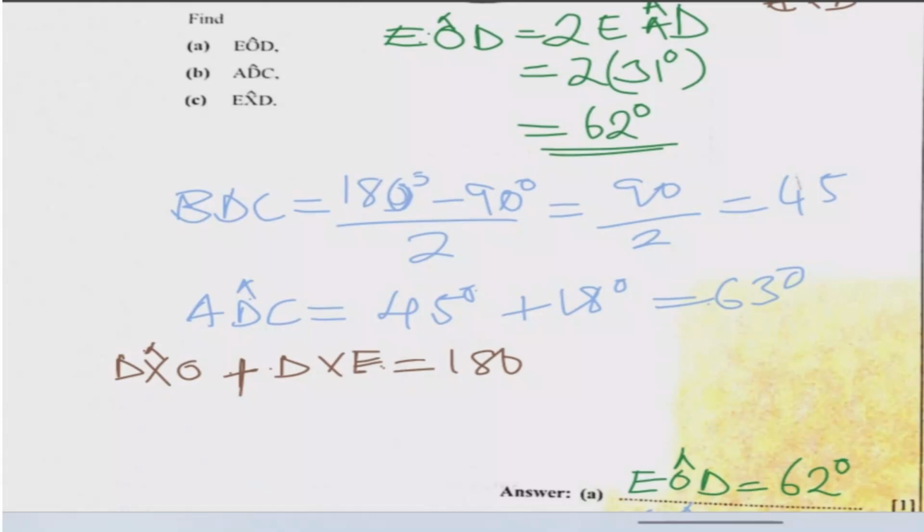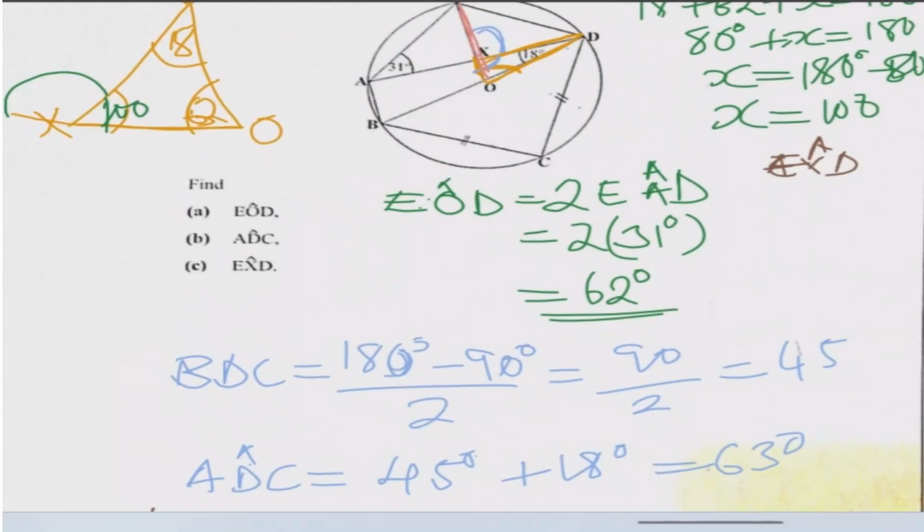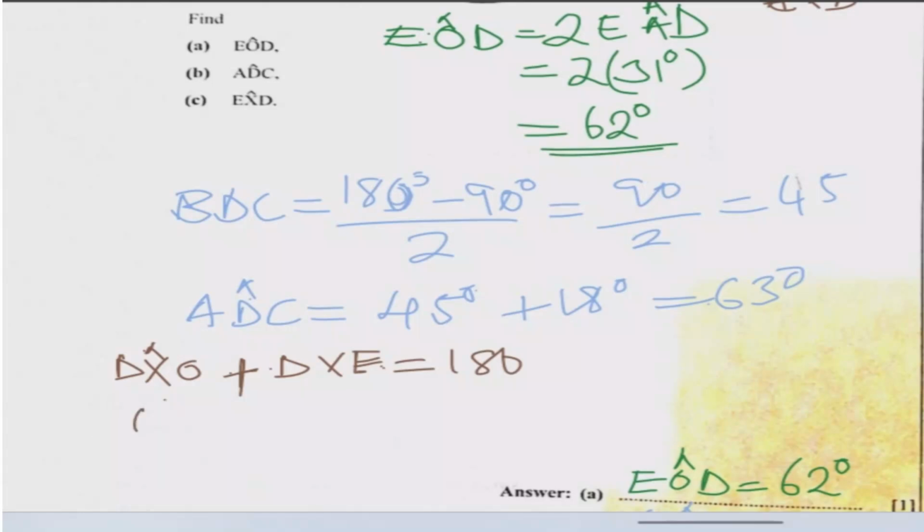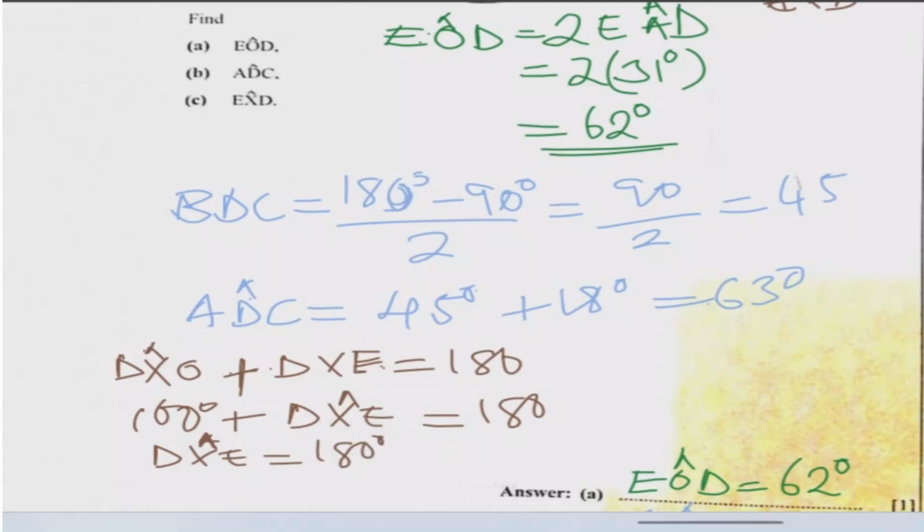Now we found that angle DXO is equal to 100. So we're going to say 100 degrees plus angle DXE is equal to 180 degrees. Then we find the difference. We put like terms together. We're going to have angle DXE is equal to 180 degrees minus this 100 degrees.